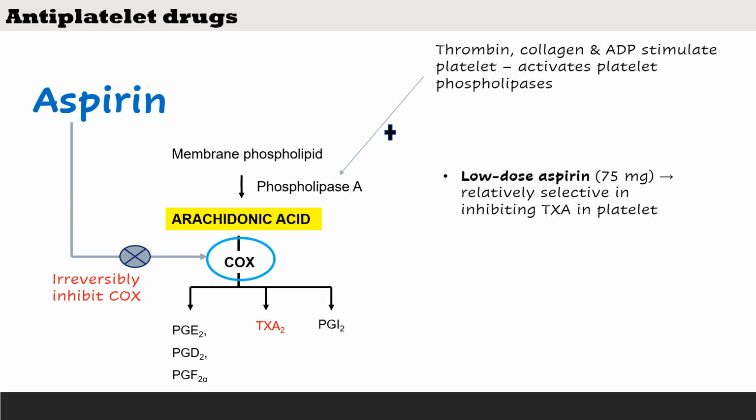Aspirin is actually an NSAID, so it is used in high doses to treat inflammatory conditions like rheumatoid arthritis and joint pains, in moderate doses as an analgesic, and in low doses as an antiplatelet agent.